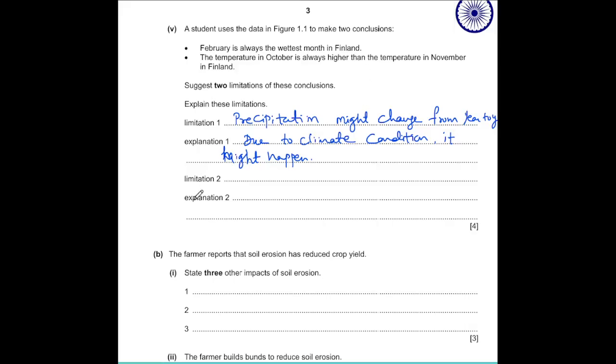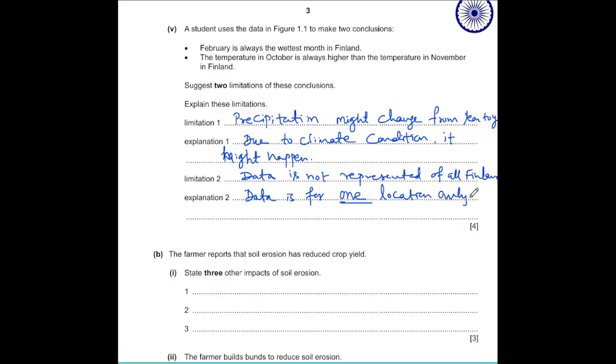So one of the limitations is the data is not represented of all Finland, or the data is for one location only, right?